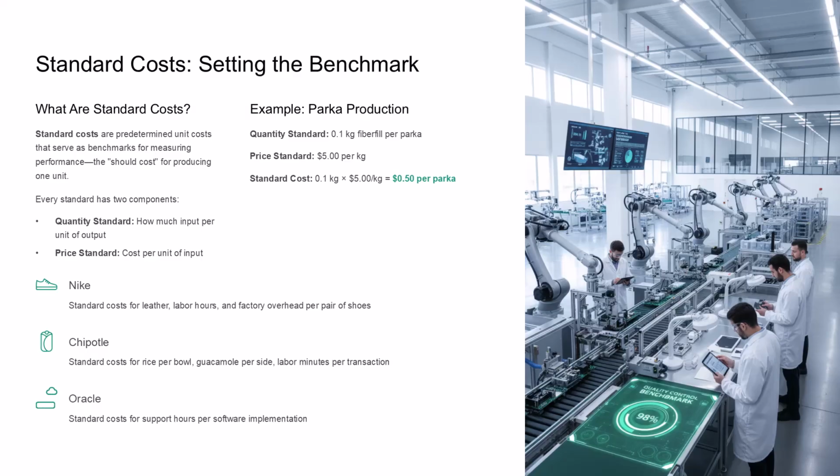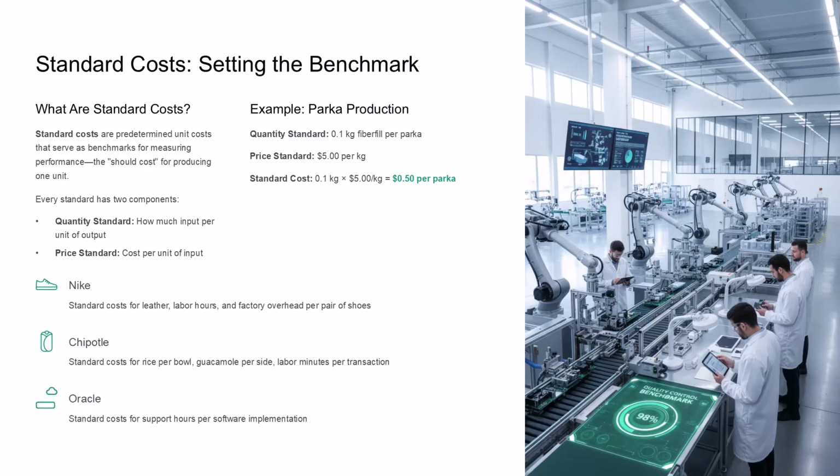That's the quantity standard for that material. The price standard specifies what the cost per unit of input should be. For example, fiberfill should cost $5 per kilogram. That's the price standard. Multiply quantity standard by price standard, and you get the standard cost per unit. 0.1 kilograms times $5 per kilogram equals 50 cents of fiberfill per parka.